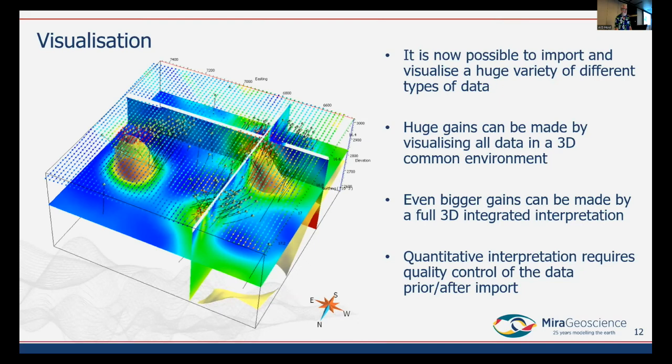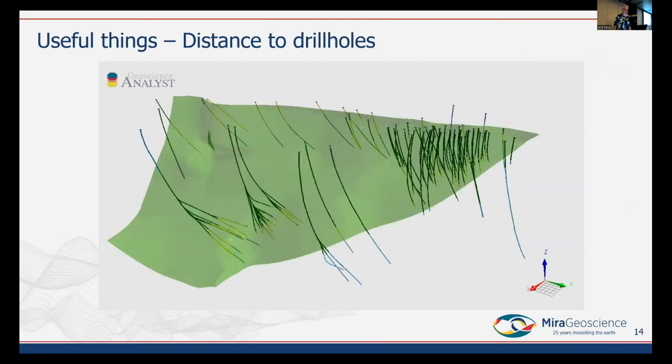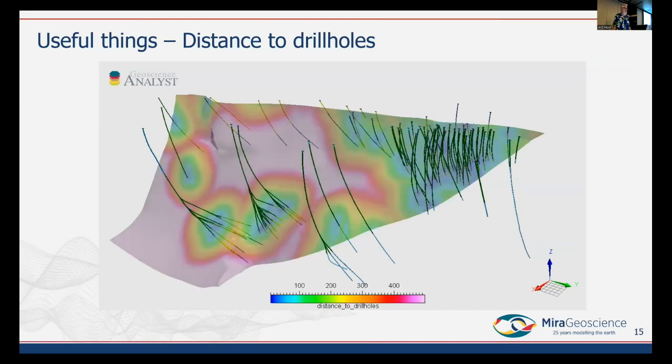So just some examples of types of useful visualizations we can do now, like a lot of software can do. These are just some drill holes with a few wedges off here. And then here's a geological horizon. And one very useful thing we can do is just calculate the distance from any point on that green surface to the nearest drill hole.